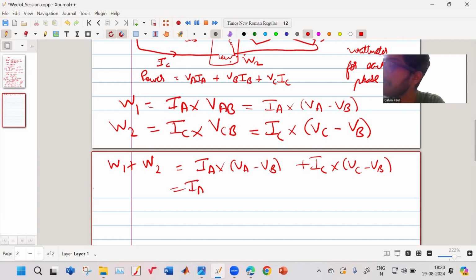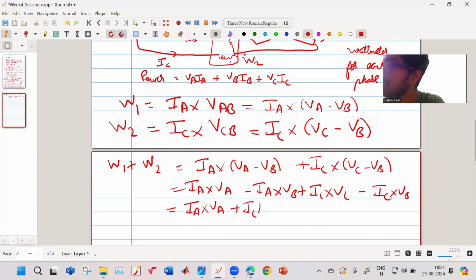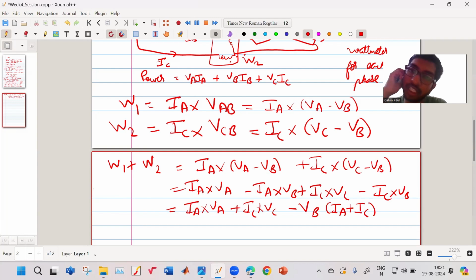So it is IA into VA minus IA into VB plus IC into VC minus IC into VB. So that is equal to IA into VA plus IC into VC minus VB into IA plus IC. What can we write IA plus IC as?